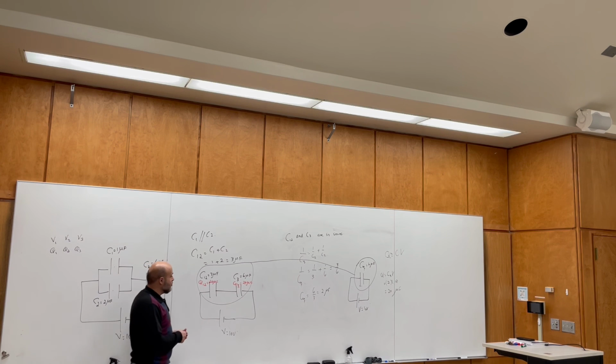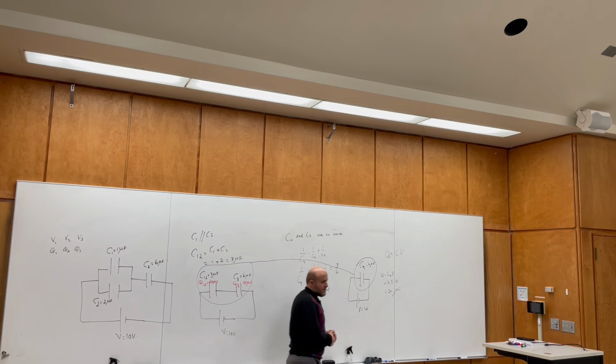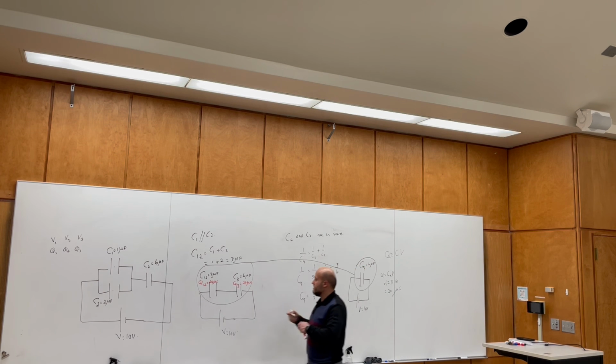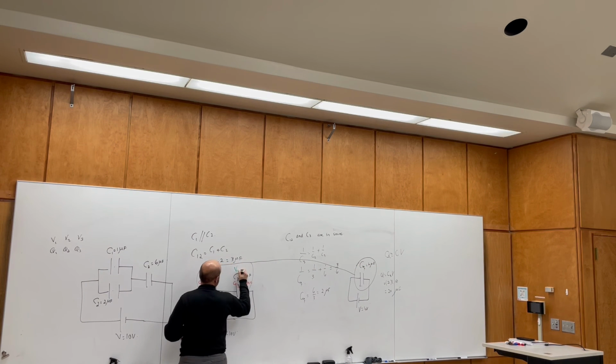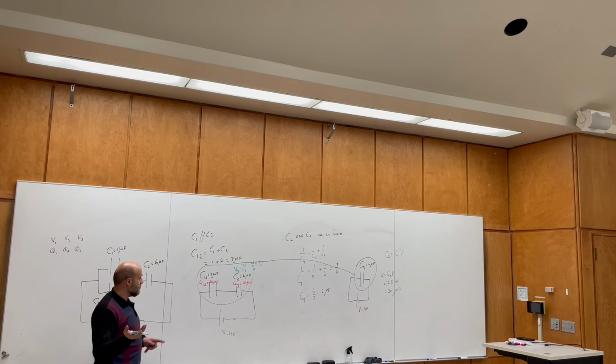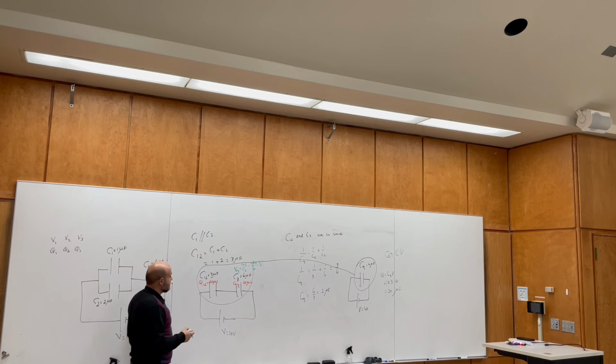And now since I know C and Q, I can find voltage. So now from this I can find V3, which is Q3 over C3. That will be 20 over 6, micro with micro cancels, 20 over 6 volt, which is about 3.3 volts.